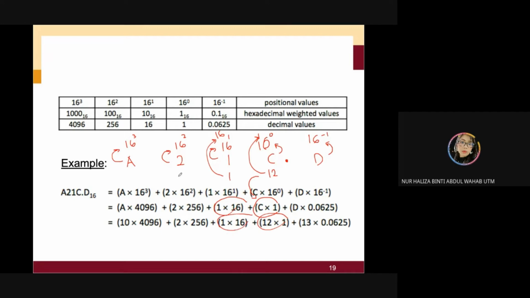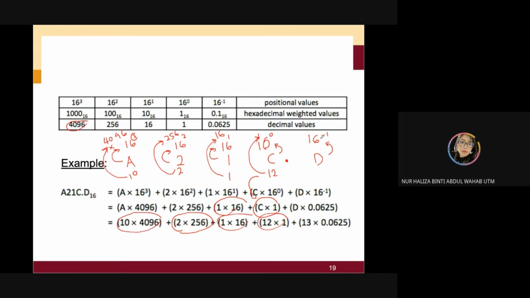And then this one is 2. 2 multiplied with 16 to the power of 2 will get 256. And A is 10. 16 to the power of 3, the value will be 4096. You're going to multiply. This is how you will do.